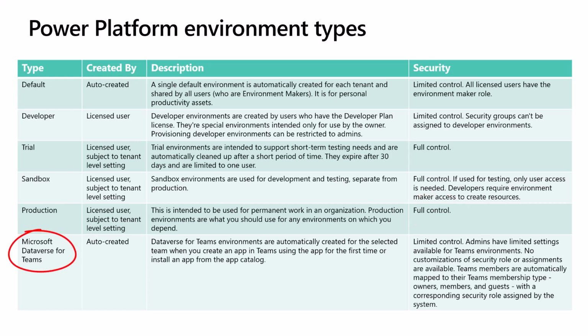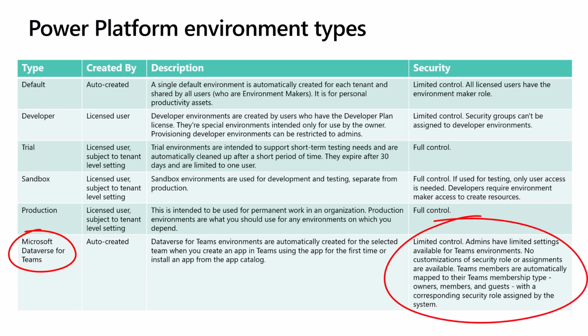The last type is Microsoft Dataverse for Teams. These environments are automatically generated when an app is first created within Microsoft Teams or when an app from the catalog is installed. These environments are tightly integrated within Teams, facilitating seamless app development and deployment directly within the collaborative platform.